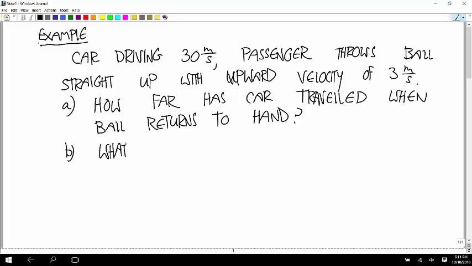And what does an observer outside the car see?